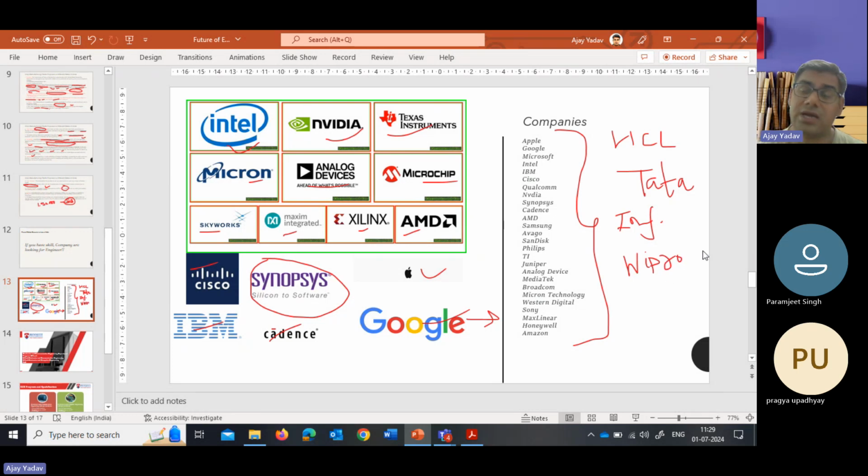So what I want to say is that all the software companies are also moving into hardware because they have realized that due to artificial intelligence, there will be a lot of job problems. But if you are an electronics engineer, you can go into hardware-related jobs and also software-related jobs. So this is the right time for all of you to pursue your career in electronics engineering.